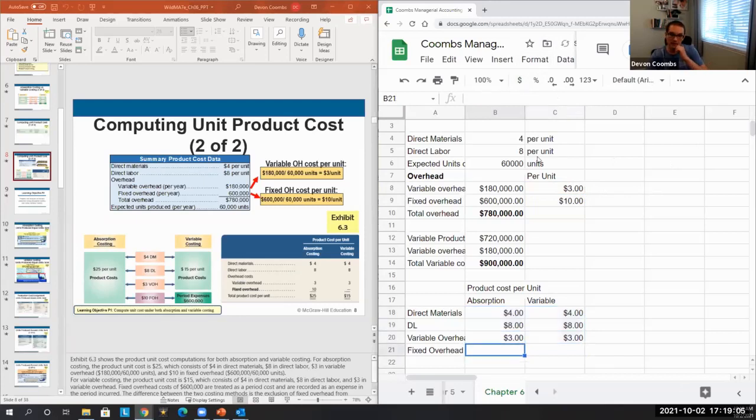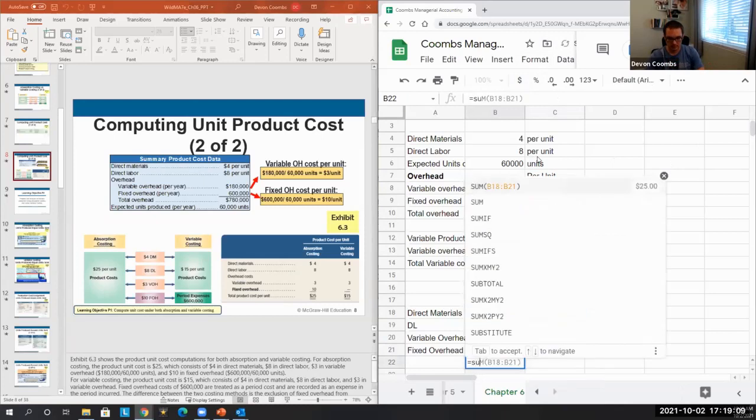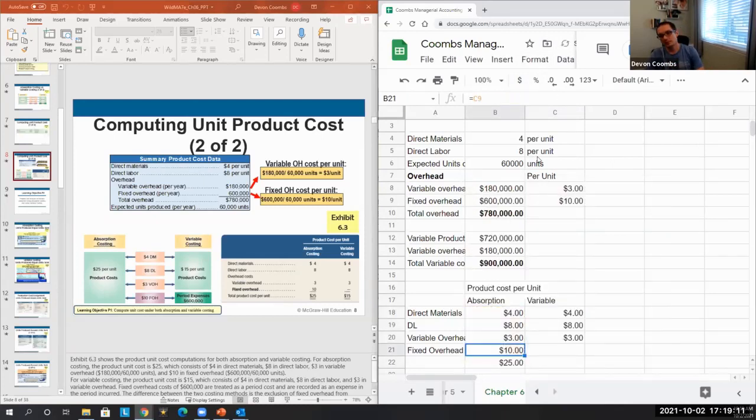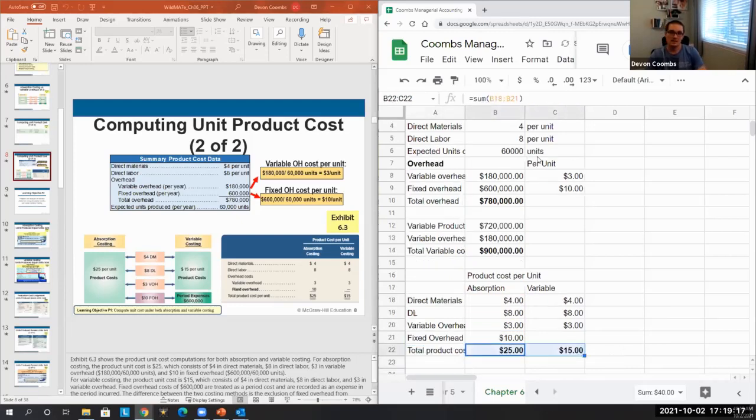But our fixed overhead is only included in absorption costing. So our total product cost per unit changes drastically when we consider the absorption versus the variable method. Absorption says it's $10 more than the variable method.